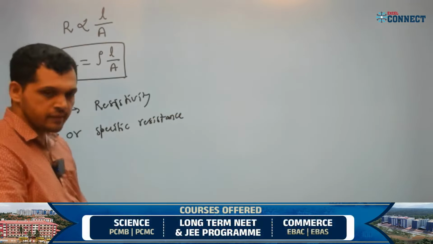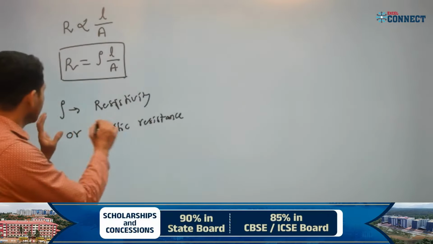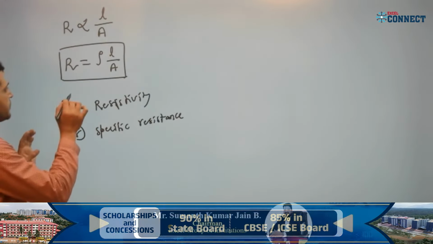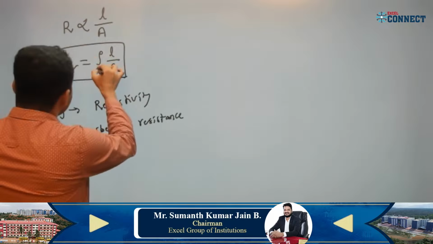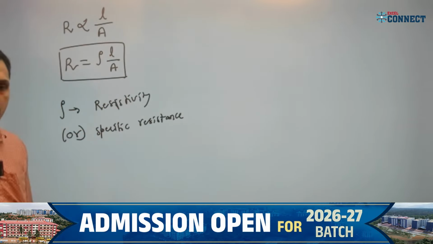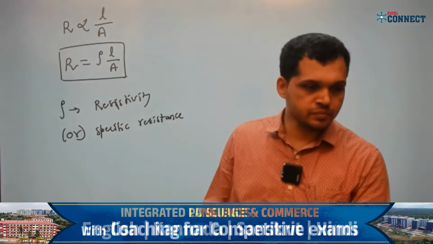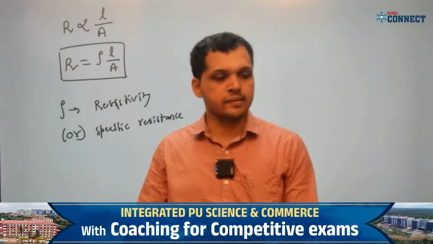Electrical resistivity or specific resistance, that is rho. Representation is rho. Now how to define this specific resistance or electrical resistivity? What is the meaning of resistivity? Specific resistance, it represents resistivity.